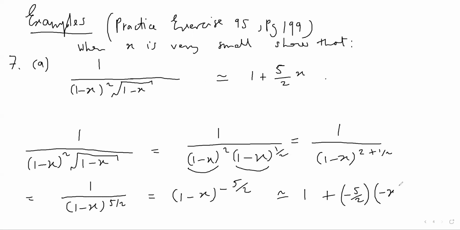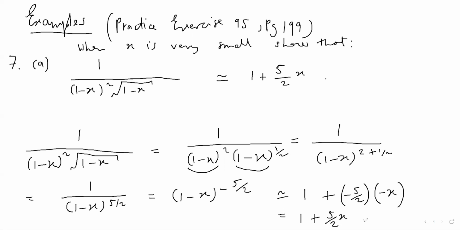So it's approximately equal to 1 plus (minus 5 over 2) times (minus x). If you multiply minus 5 over 2 with minus x, you get positive 5 over 2 x. So this is basically equal to 1 plus 5 over 2 x.